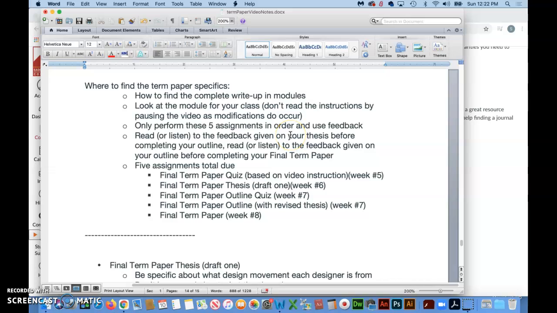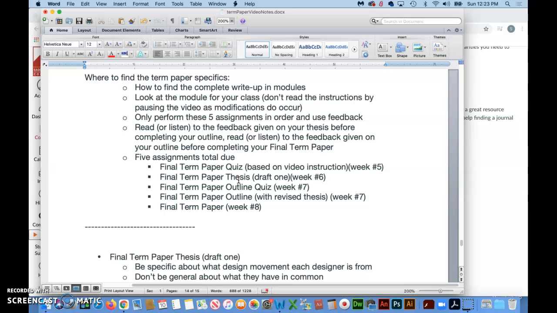Be sure and perform these assignments in order. Don't try to write your thesis without watching this video and taking the quiz and making sure that you thoroughly understood everything. Once you do your thesis, look for feedback from your instructor, whether it is typed feedback where you turn it in, or video or audio feedback depending on your instructor's style.